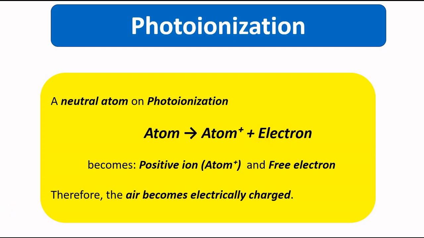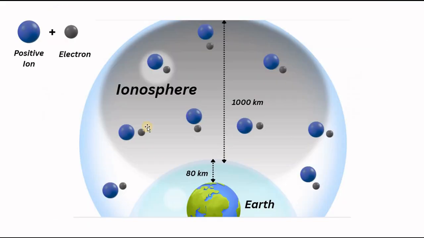The atmosphere is more and more loaded with positive ions and free electrons. So this entire environment, this air, becomes electrically charged, and this creates the ionosphere.